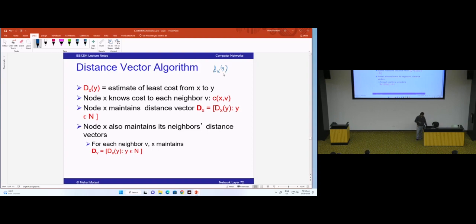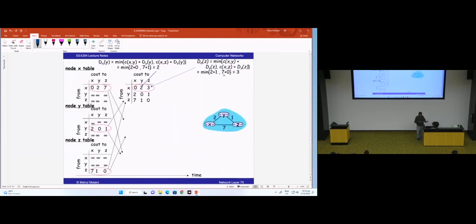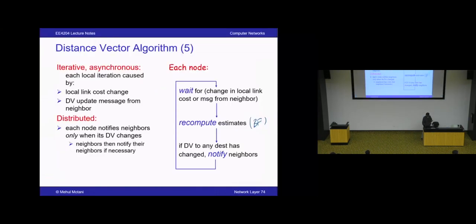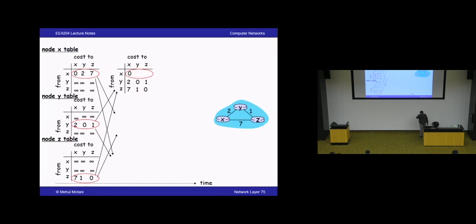Okay, so let's look at a gory example. Gory as in just one detailed example, okay? Now remember, every node is doing this. So let's look at this example here. I have three nodes, x, y, z, connected in this triangle. And so I have edges, vertices, and I have the edge costs.